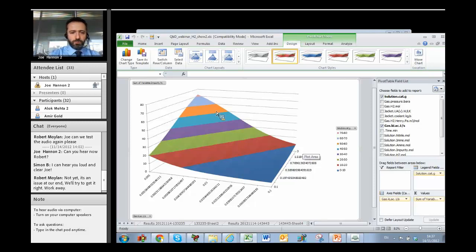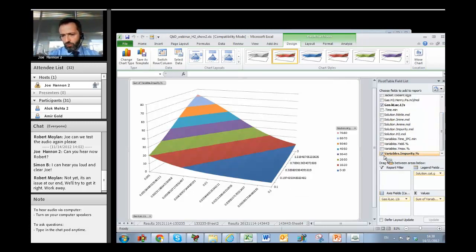And you can get a flavor pretty quickly for the fact that at low KLA values, almost irrespective of the catalyst loading, I'm making a lot of impurity, whereas at high KLA values, again, pretty much irrespective of the catalyst loading, I'm not making much impurity at all. So this is how you could see what level of KLA, or possibly even what combination of KLA and catalyst loading forms a design space in terms of avoiding the impurity for your particular process.